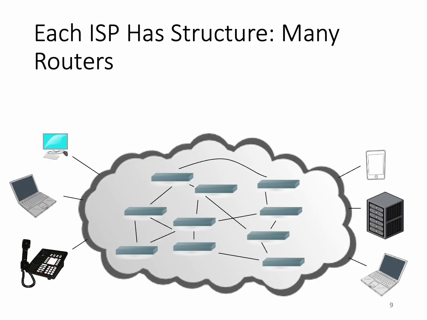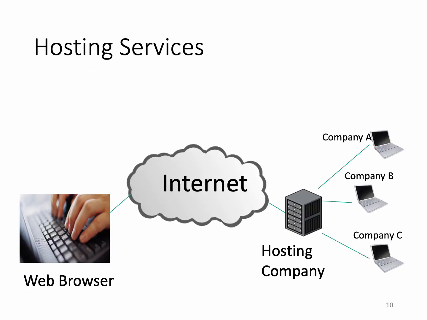So the ISP has a structure which basically consists of a bunch of different routers. We also have the concept of hosting services. So you're on the browser, you send a request to the internet, and that might go through a hosting company. So you really just want the information from a particular company, company B, and you go to companyb.com, but they have data for you, and that data may not be hosted by company B itself.